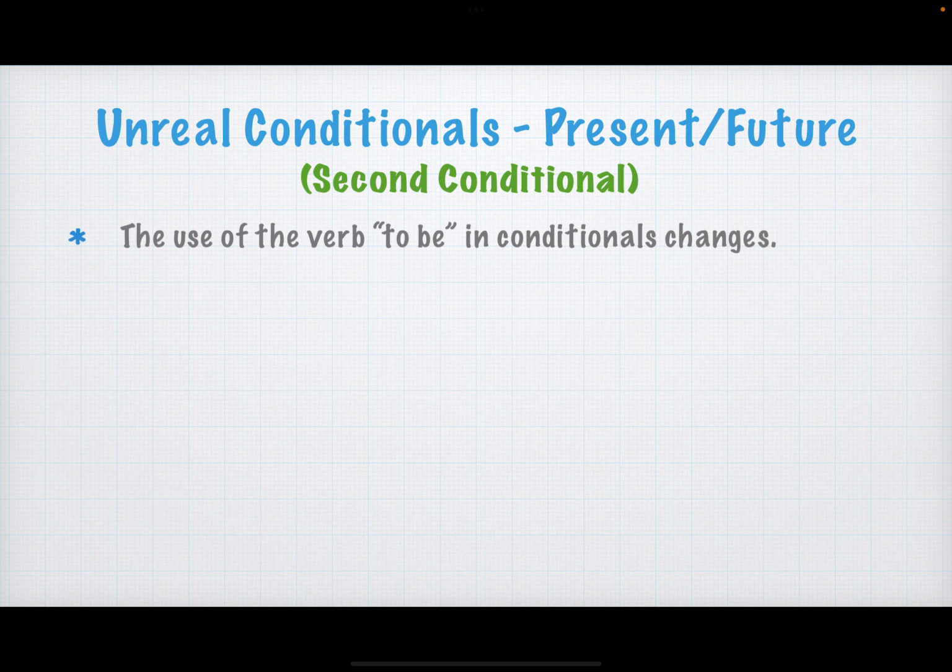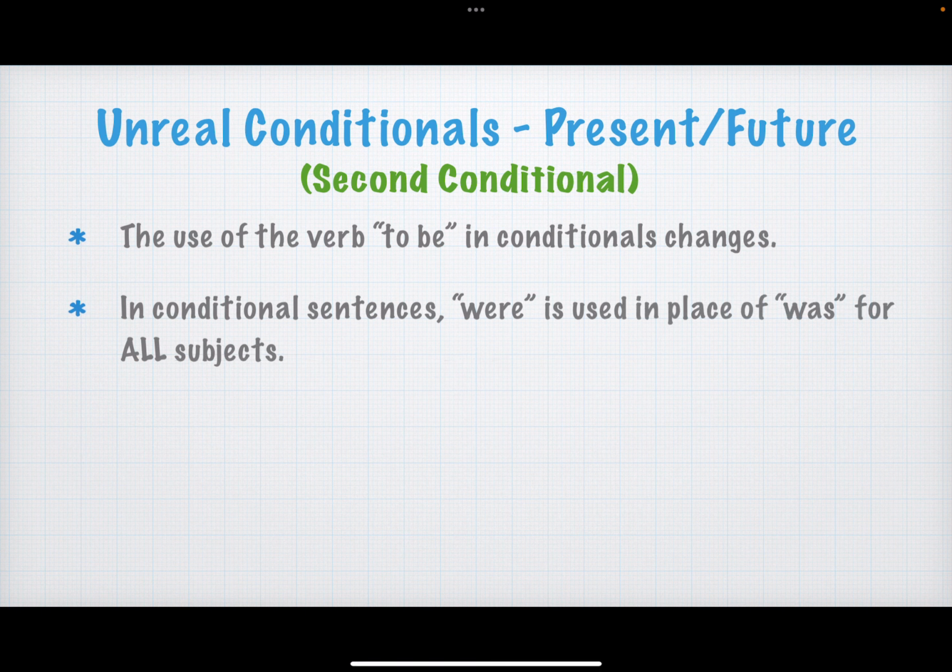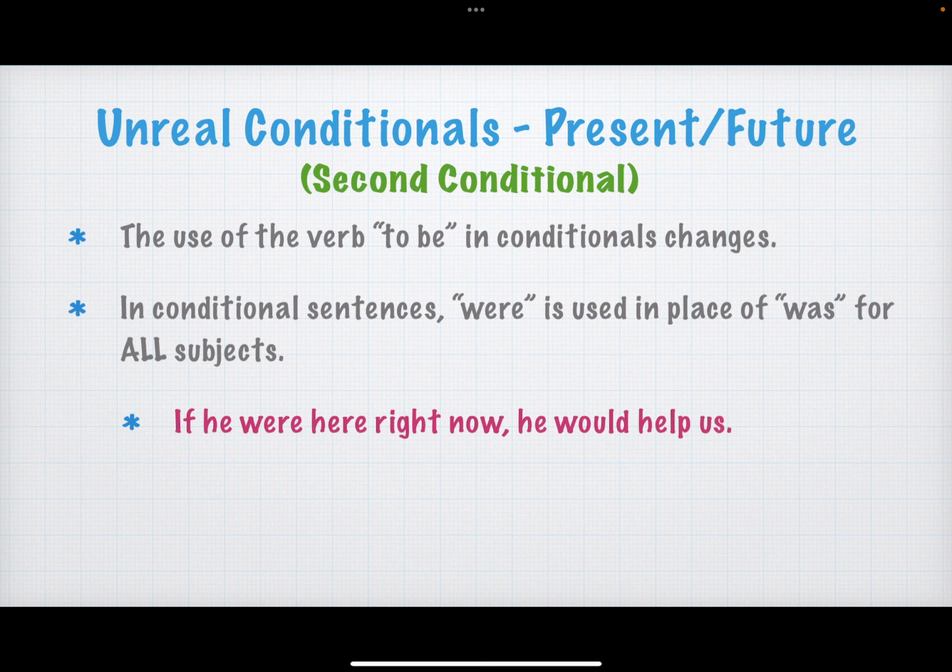The use of the verb to be in conditionals changes. In conditional sentences, unreal conditionals for the present and future, we use were in place of was for all subjects. So normally I would use was for I, for he, she, it, and for singular nouns, but not in the conditional form.